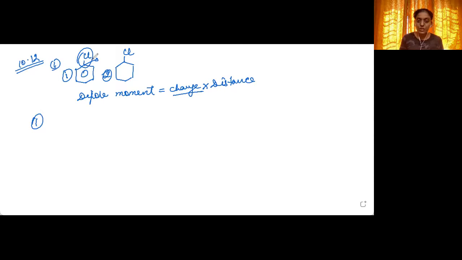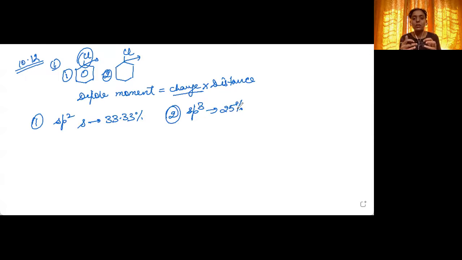In the first molecule, the carbon atom to which chlorine is attached is sp2 hybridized. What is the percentage of s character here? The s character is 33.33%. Now, let's move to the second molecule. In this case, the carbon is sp3 hybridized, so the s character here will be 25%.